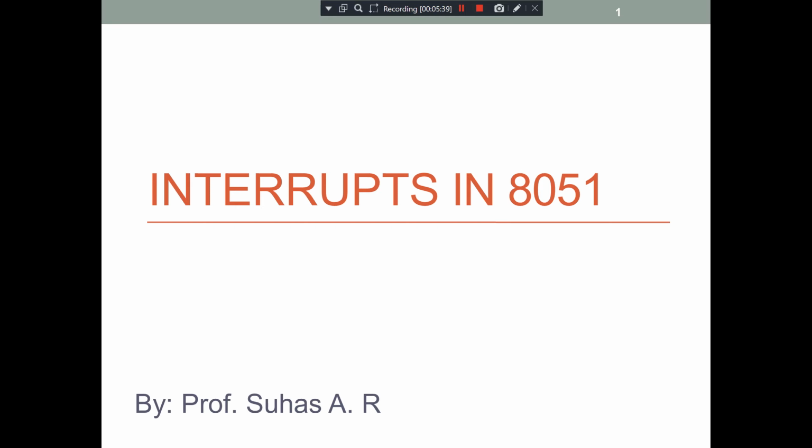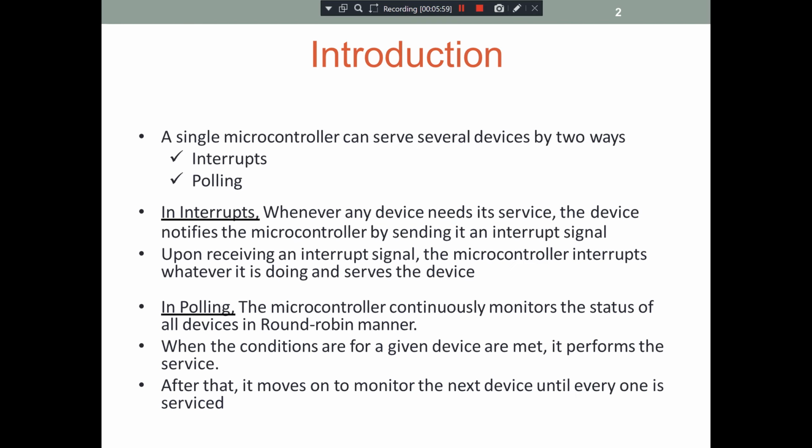So what is an interrupt? We already discussed it many times in the basics: interrupt means interruption. If some program is running and you want to stop it at the present condition, you put in an interrupt. A single microcontroller can serve several devices in two ways: interrupt and polling.